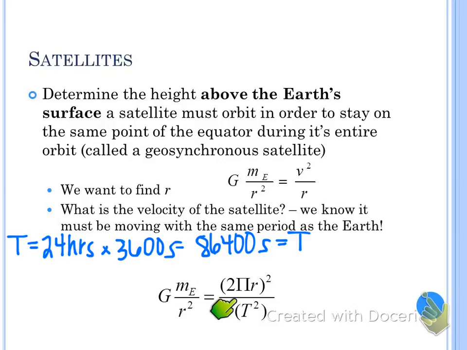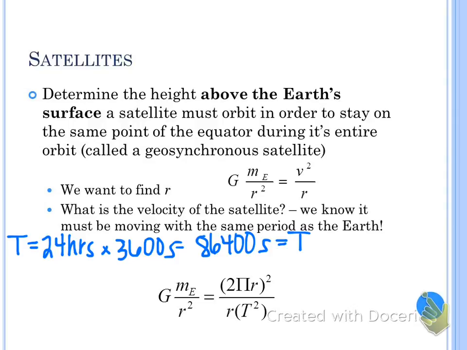We're not given the velocity here, but we know the period. So we're probably going to use this equation, right? We could solve for velocity and then plug it in, or we could just use this equation since we know the period, we know the mass of the Earth. I'm sorry, we're not using the radius of the Earth. My bad. We are solving for r. I said that wrong.